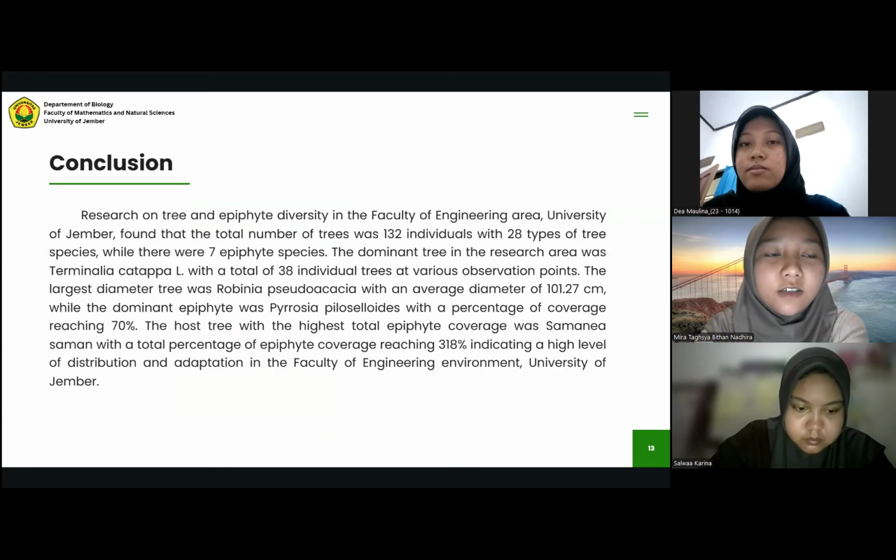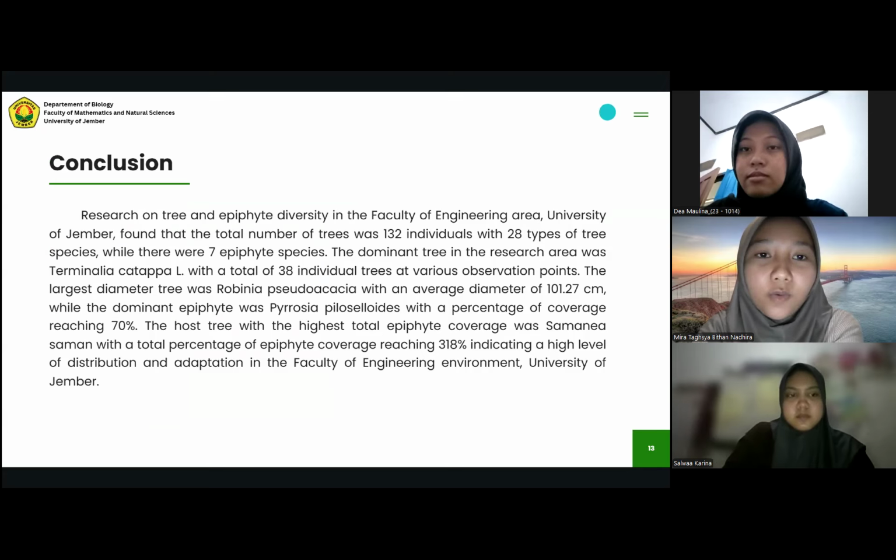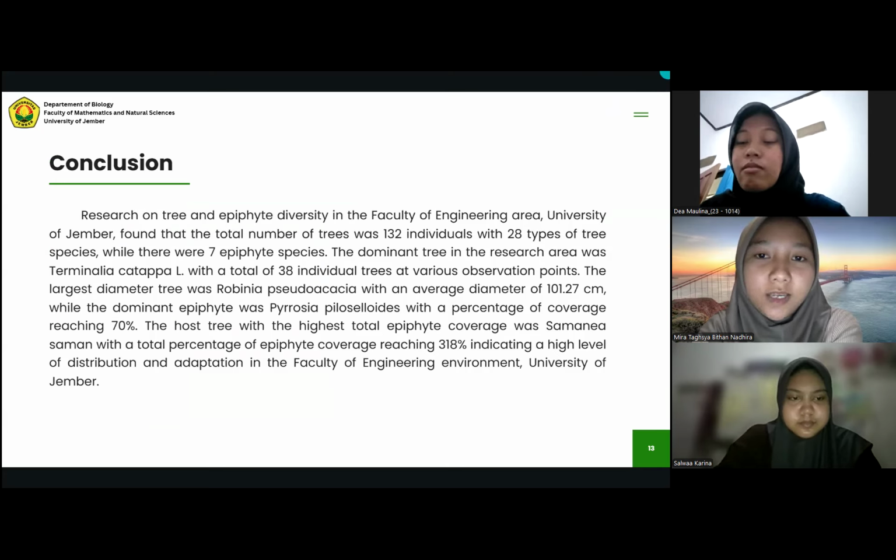Okay, the last is the conclusion. Research on tree and epiphyte diversity in the Faculty of Engineering area, University of Jember, found that the total number of trees was 132 individuals with 28 tree species, while there were 7 epiphyte species.